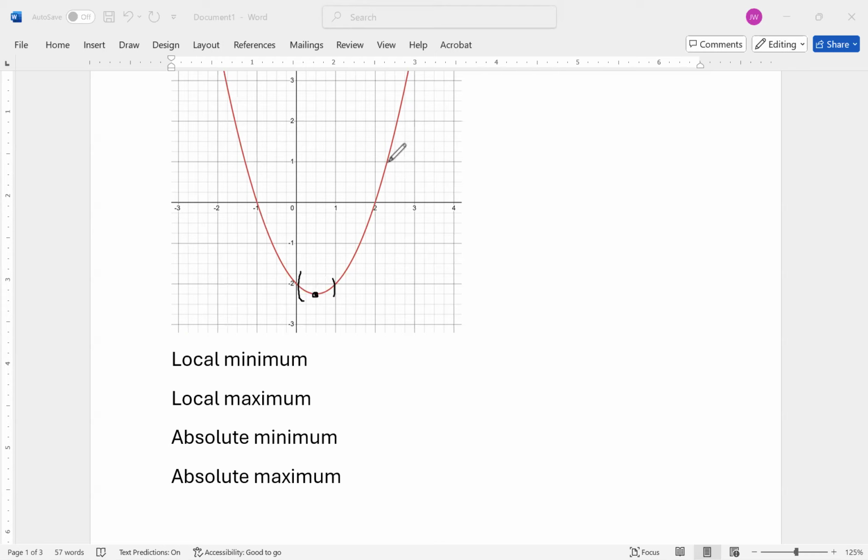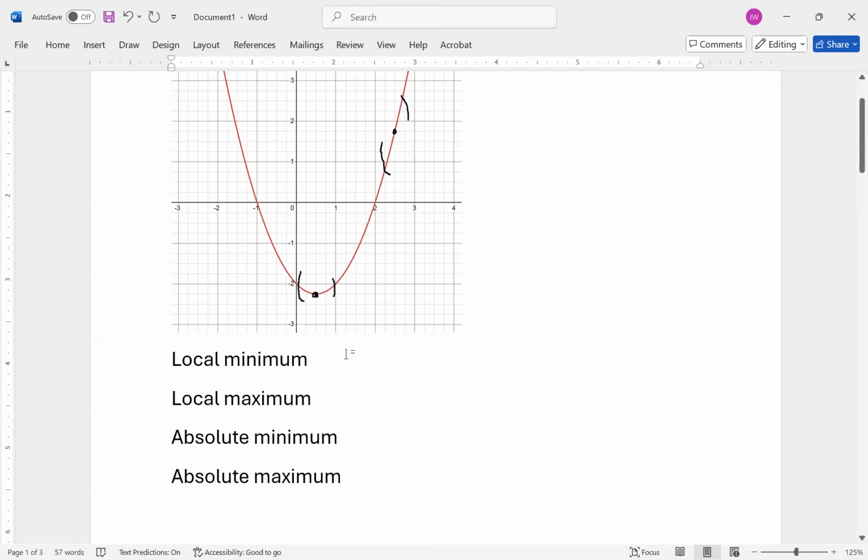On the other hand, if I took a different point, let's say the point 2.5, 1.75. If I drew a little bit to the left and a little bit to the right, there'd be points that are bigger than this one and points that are smaller than this one. So it looks like this is the only point which is smaller than all of the other points in an open region around it.